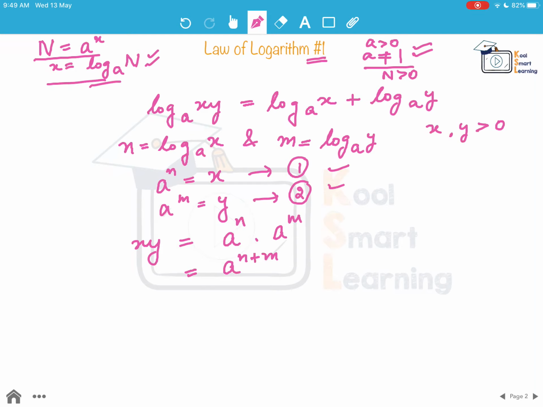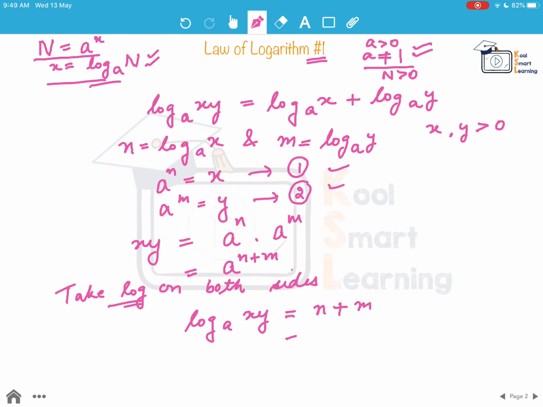So now if we take log on both sides, we get log of xy to the base a is nothing but n plus m, which is log of x to the base a plus log of y to the base a.